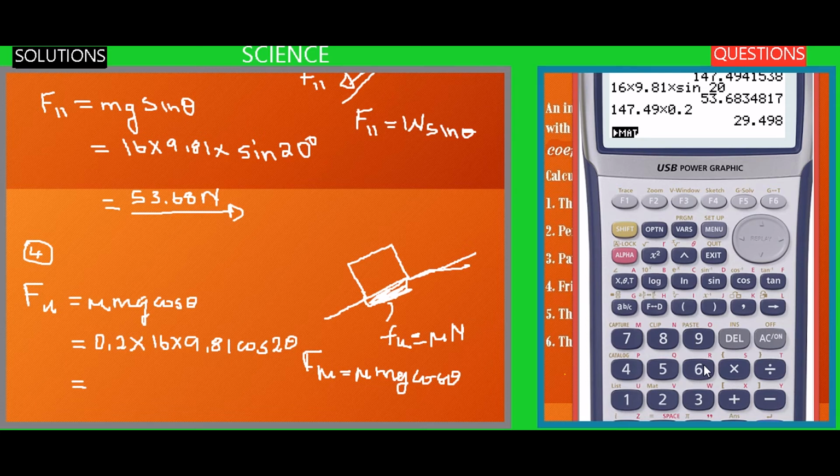So we have a friction force like 29.498, which is 29.5.